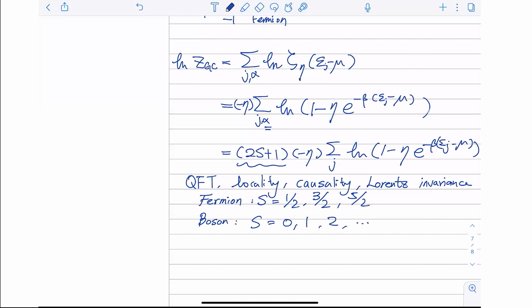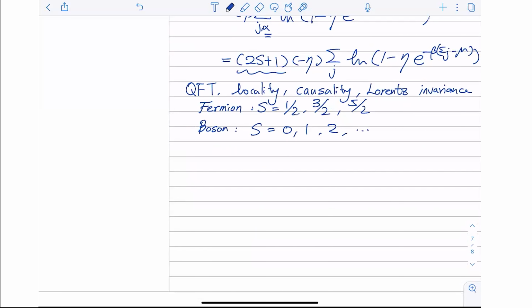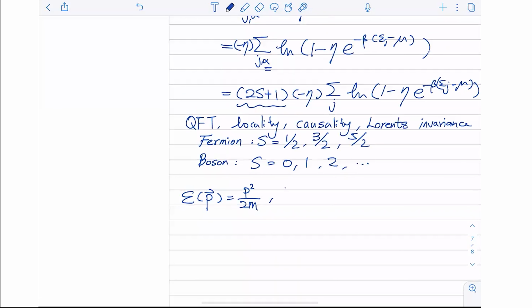So at this moment, we are able to perform some more generic expression for the free particles, because for the free particle, the energy is a function of the momentum. For the single particle, it will just be p squared divided by 2m. And this summation j, to some extent, will be replaced by summation over all the momentum.